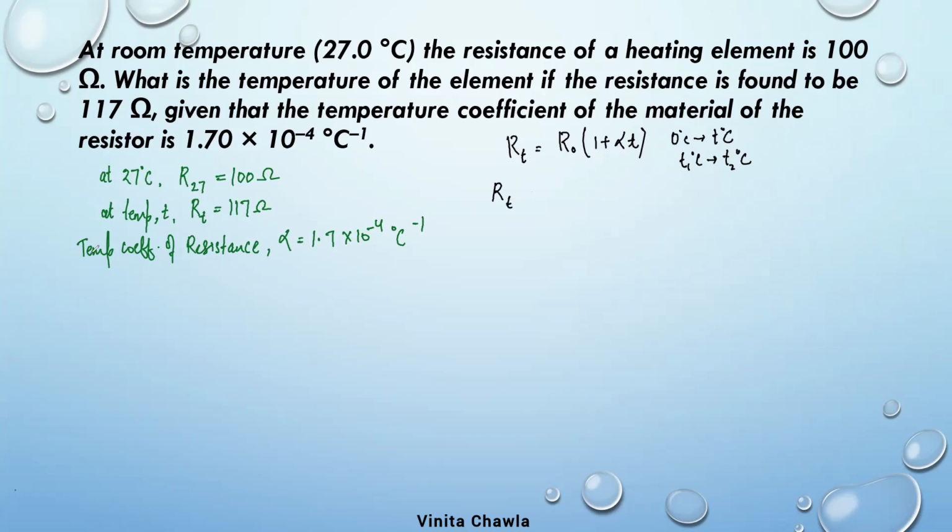R1 and R2, if we assume that we have two different temperatures, T1 and T2 degree Celsius, then how do we write? Let R1 be the resistance at T1 degree Celsius and R2 be the resistance at T2 degree Celsius.